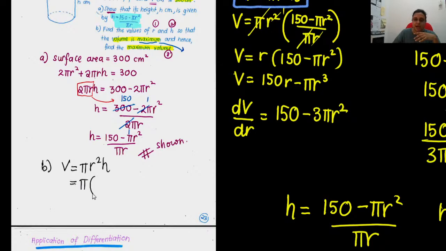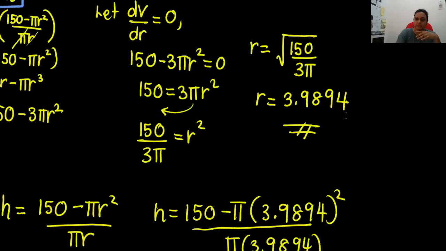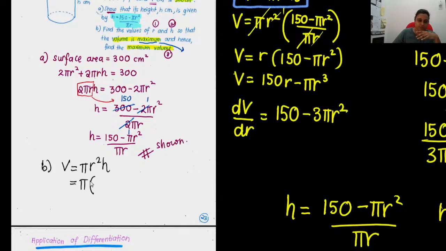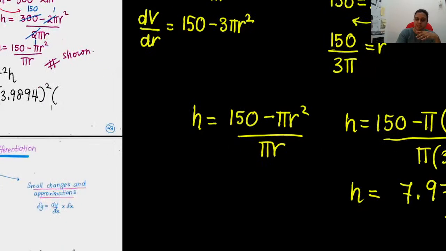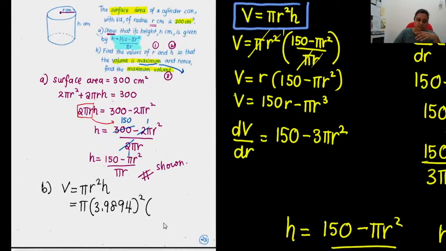Just now our r value was 3.9894, so 3.9894 squared. h was 7.9789. So we just key into the calculator pi times 3.9894 squared times 7.9789.